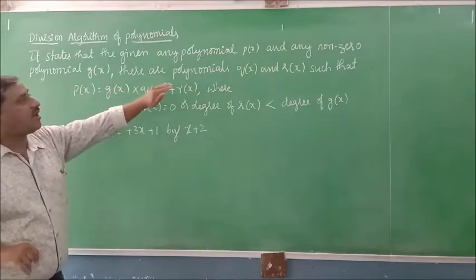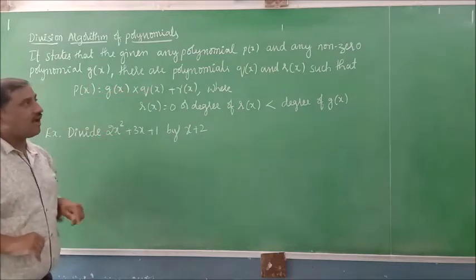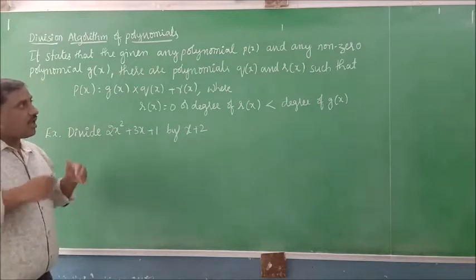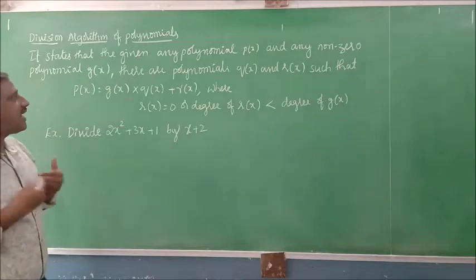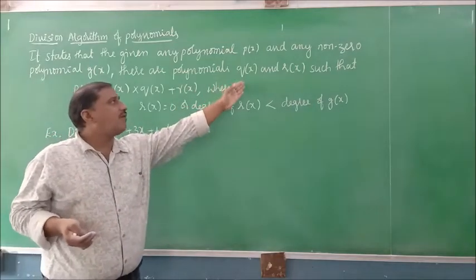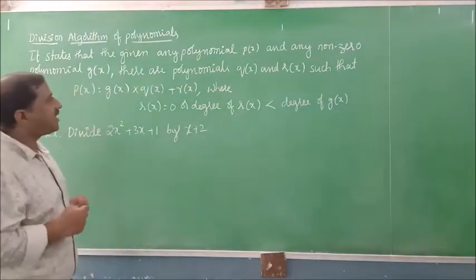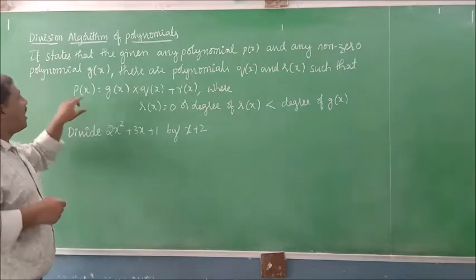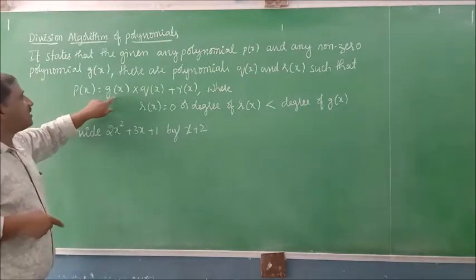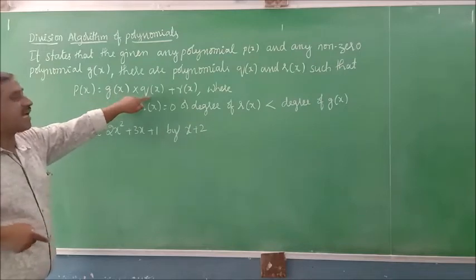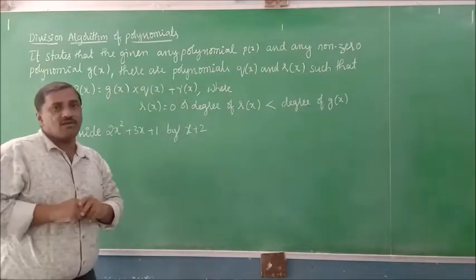Then there exist polynomials q(x) and r(x) such that p(x) is equal to g(x) into q(x) plus r(x).